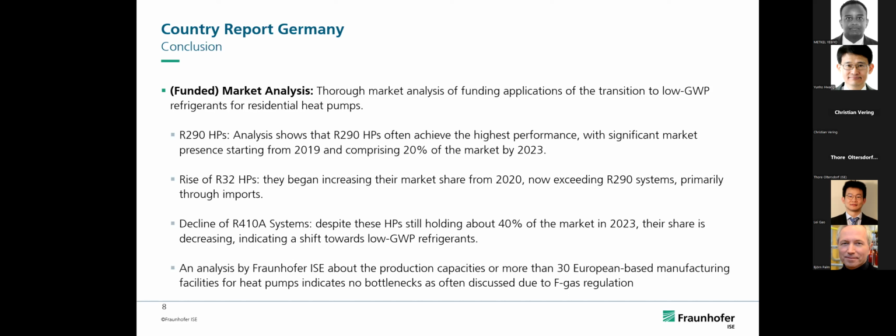I don't know who has followed this change of the F-gas regulation in March 2024. There was a lot of discussion before this date that production capacities might not be enough for R290 refrigerants, and we should go for all refrigerants. We made an analysis with a lot of insights into the production capacities of 30 different European-based manufacturing facilities.